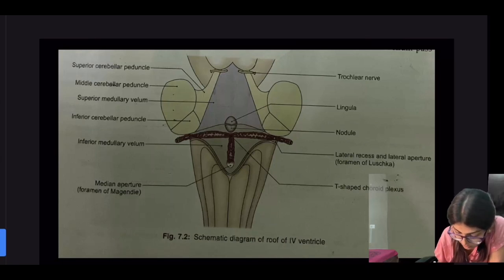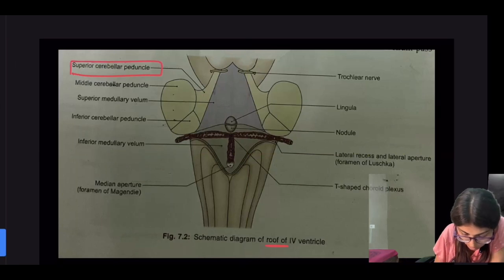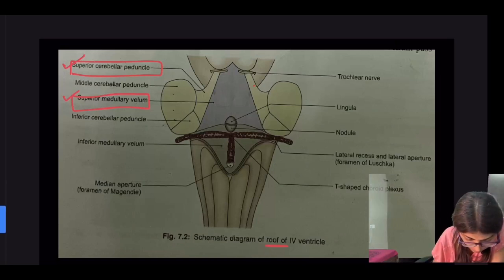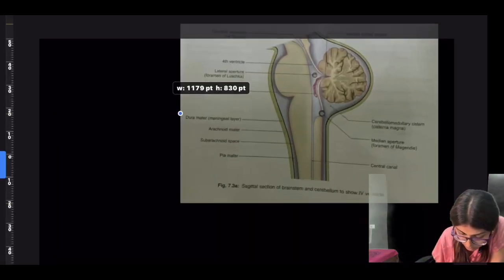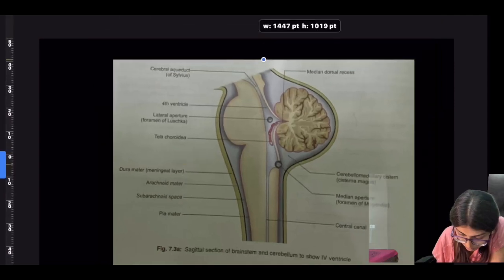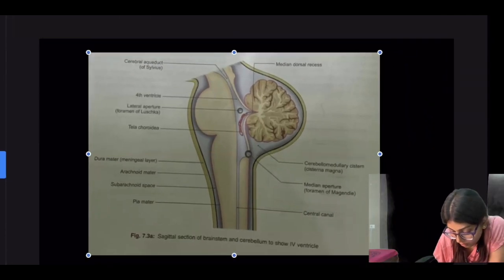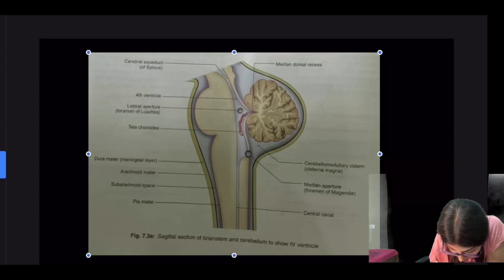This is a diagram of the roof of the fourth ventricle. The superior part is formed by the superior cerebellar peduncle, and the area where the right and the left superior peduncle meet forms the superior medullary velum. If we talk about the inferior part, inferiorly we see the tela choroidea. Tela choroidea is a double fold of pia mater.